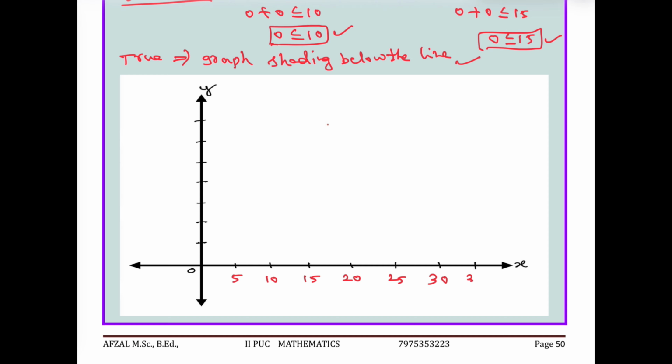Next, 43rd question. Find the integral of 1 by square root of a square minus x square dx. If it is a square minus x square, we have to substitute x equal to a sin theta.